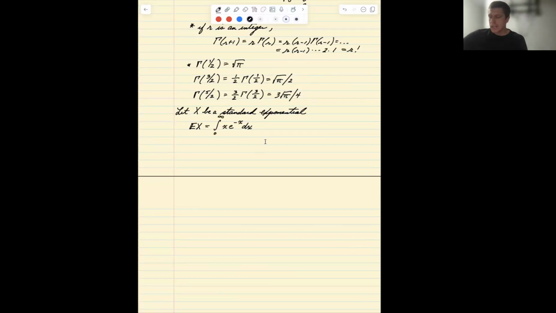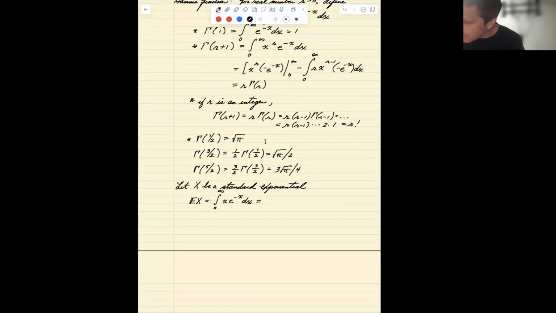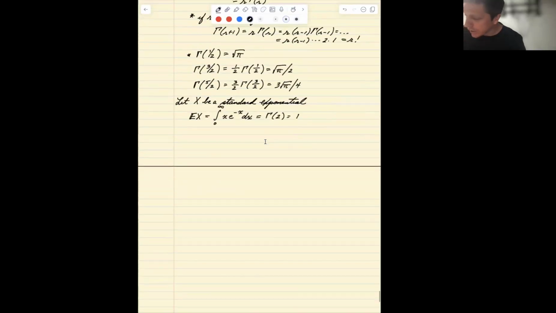This is exactly the gamma function with a parameter of r equal to 2, because it's x to the r minus 1. So this is gamma of 2, which is equal to 2 minus 1 factorial. That's just 1 factorial, which is 1.